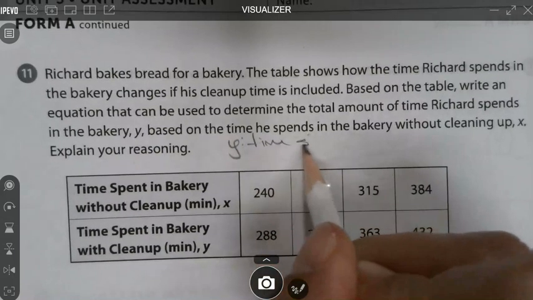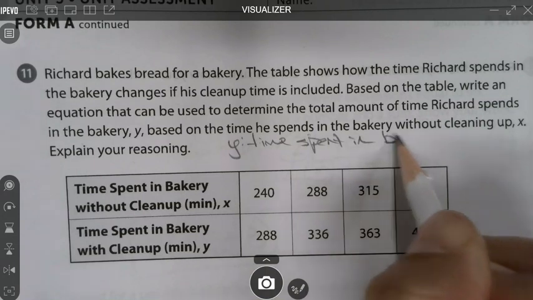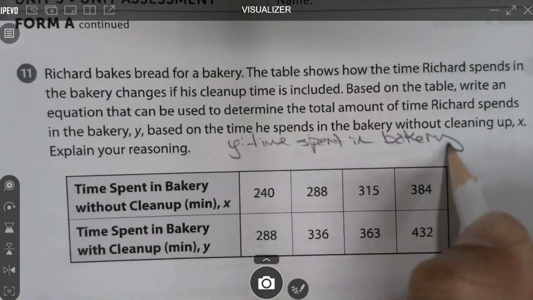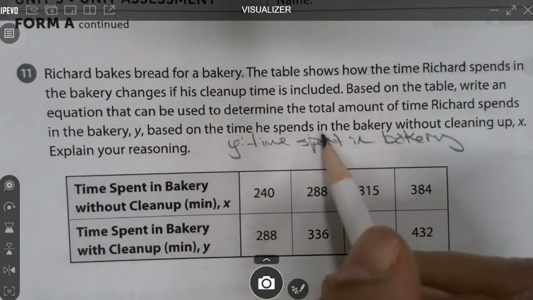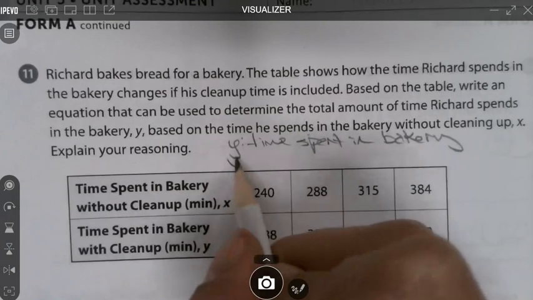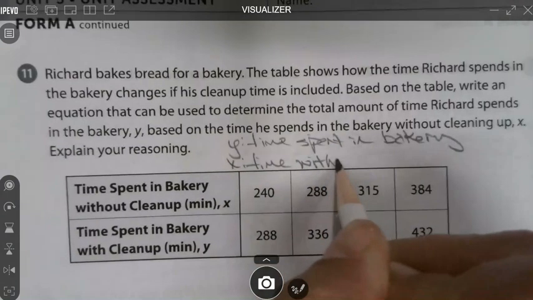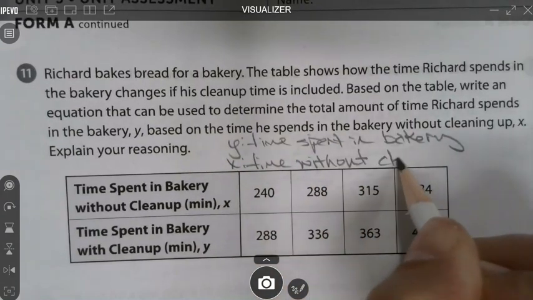Time spent in bakery based on the time he spends in the bakery without cleanup. X time without cleanup.